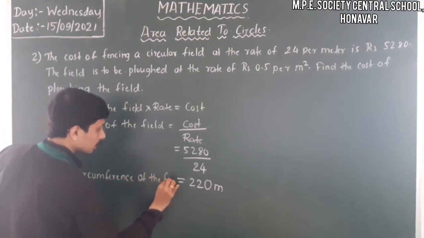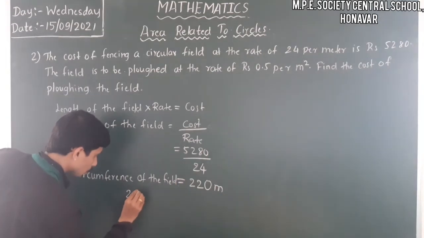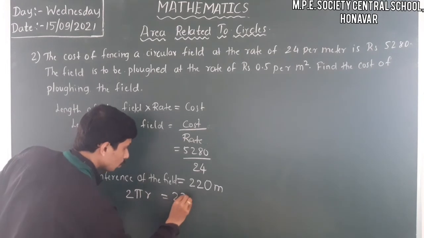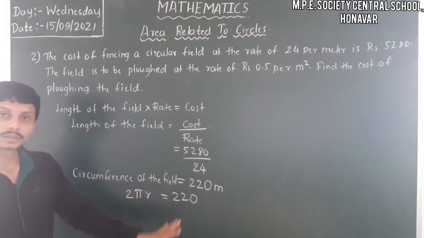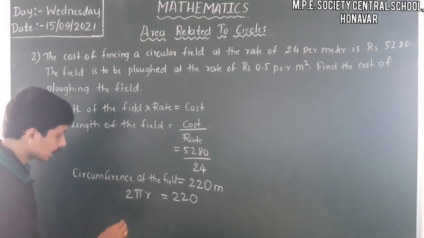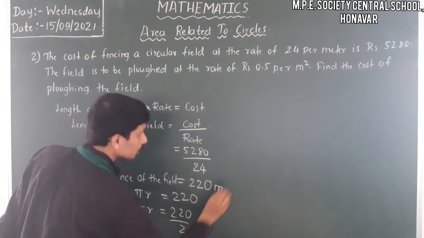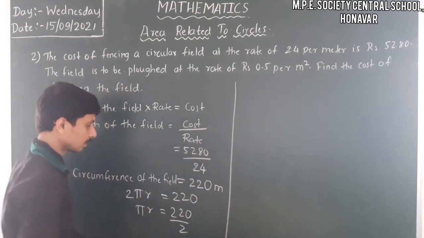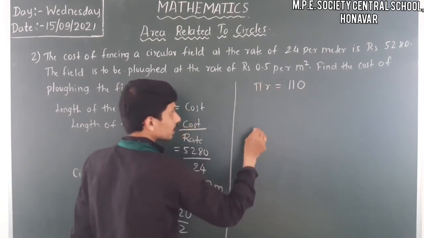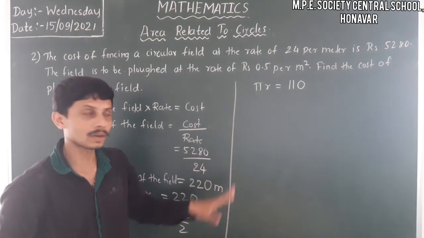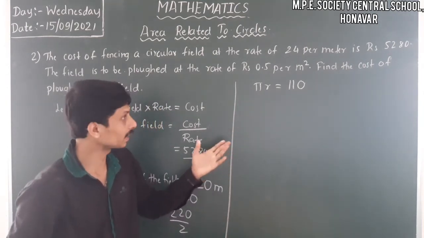Then already we know that the circumference of the field is nothing but 2 pi r, which is equal to 220. Then I will transpose this 2 and pi to the RHS side. Firstly I will transpose this 2 to the RHS side, 220 divided by 2, and pi r we have here, it is 110. Then pi is already a known value, that is 3.14. Also we can take it as 22 by 7 as well.